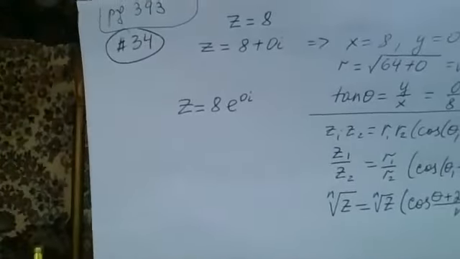If you need to take the nth root of any number in the complex form, you are doing this: cosine of theta plus 2 pi k over n plus i sine of theta plus 2 pi k over n, where your k runs from 0 up to n minus 1. Please carefully write that bottom formula.